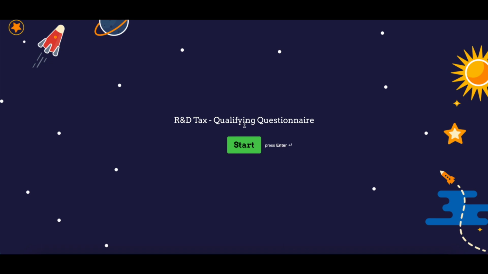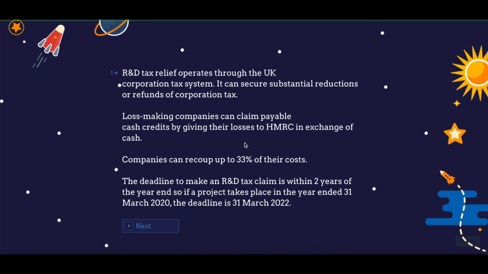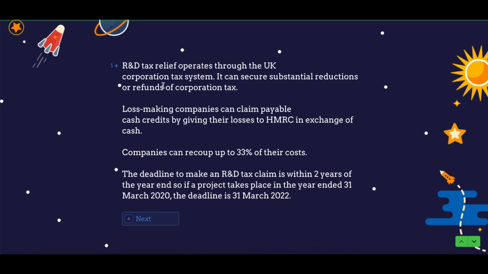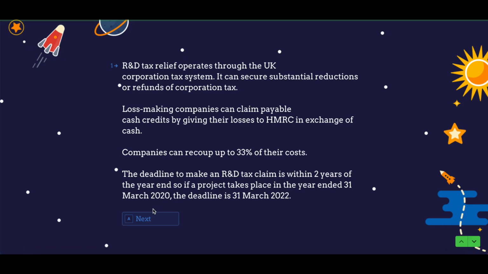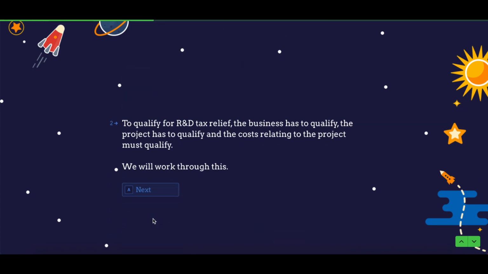So to simply start, you just click on start, and I have these few paragraphs at the start for people that don't fully understand what to talk about, or if they don't understand some of the features of R&D tax relief. They can just read this off the screen, or they can act as reminder points for yourselves. So once you've read that to the client, or you skipped it, you can go through it.